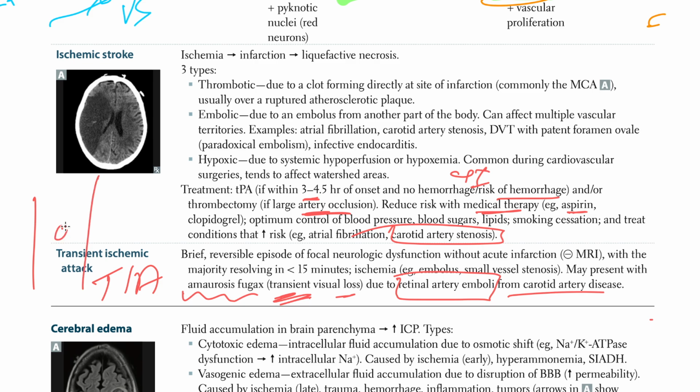With the carotid artery disease, an embolus shoots off, goes into the retinal artery, and causes amaurosis fugax, with the transient visual loss. And TIA is less than 24 hours. High yield point is, again, TIA would be typically less than 24 hours.